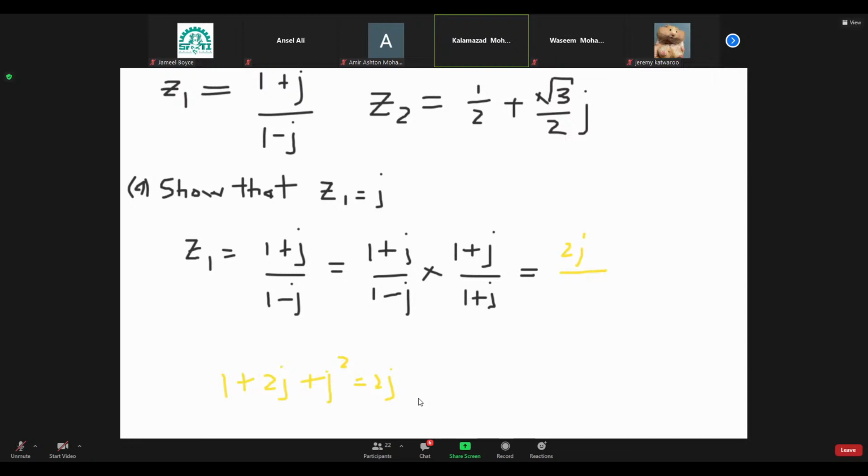All right? And the underneath is going to be 1 squared plus 1 squared, which is 2. J, answer.